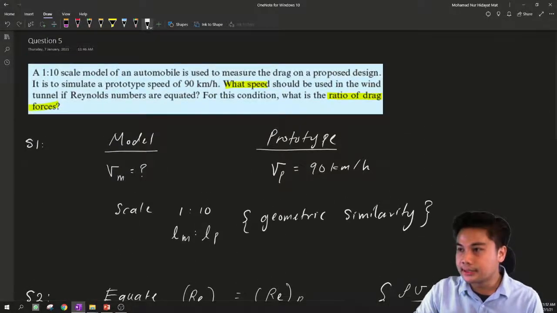In this case, the drag force on the proposed design is to simulate the prototype at the speed in the wind tunnel. This automobile is located in the wind tunnel, so we have the same fluid, which is air and the wind.